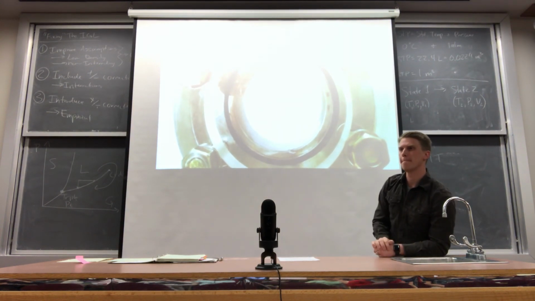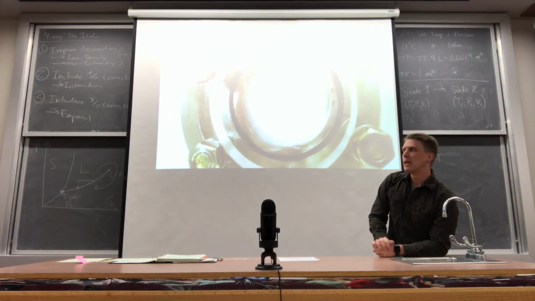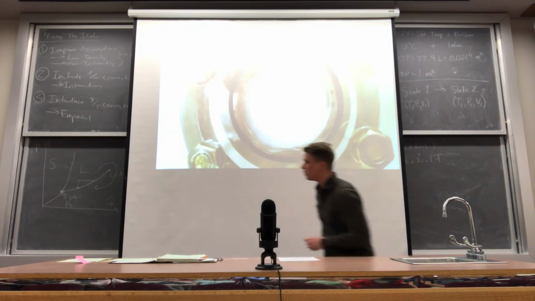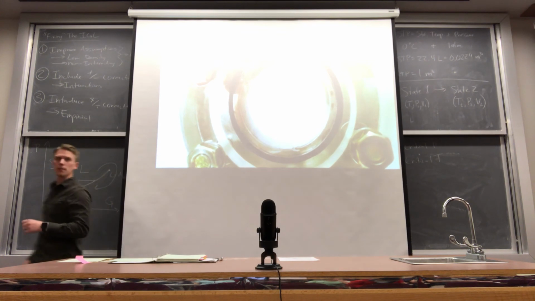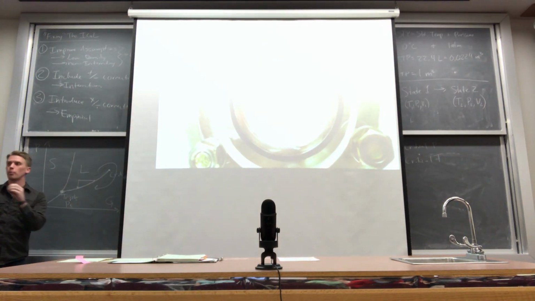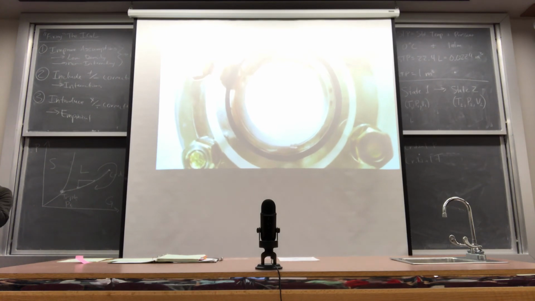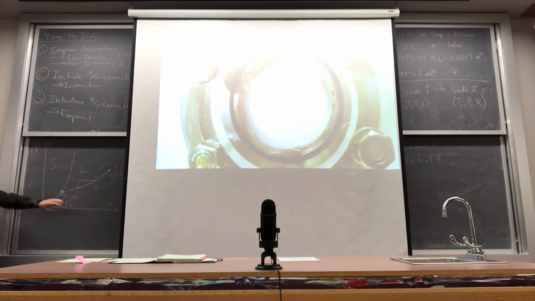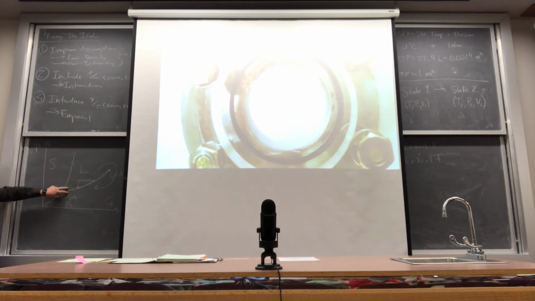Yes? What does this have to do with latent heat or anything like that, of vaporization? So if you go back to our phase diagram here, as you get closer to your critical point, the properties of your liquid and the properties of your gas get closer and closer together. So that means down here, far from your critical point, there's a huge difference between your liquid and gas properties.